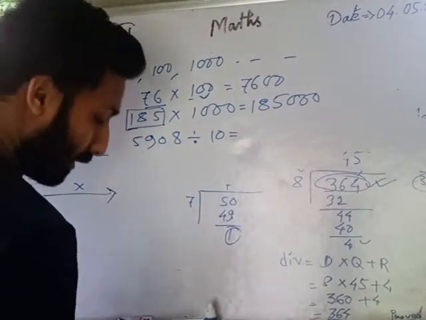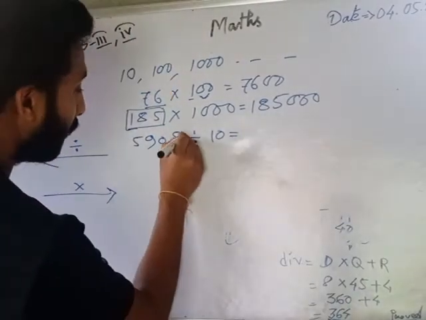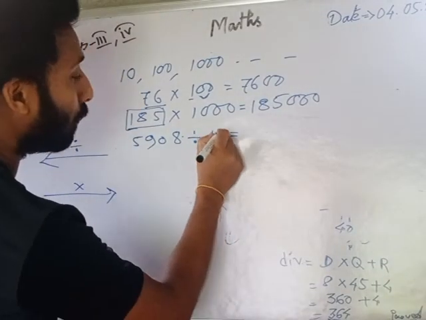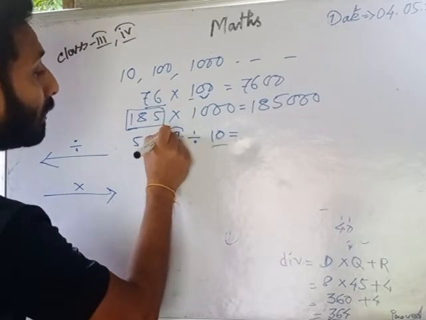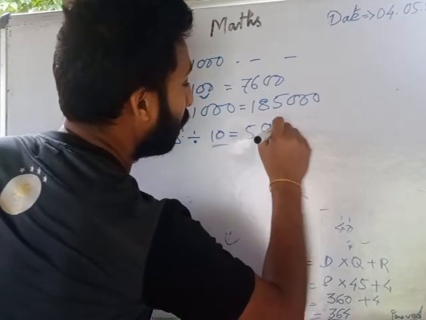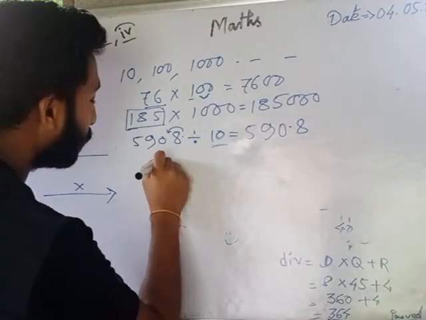If there is no point, that means the point is at the last place here. If we divide by 10, that means 1 0, the point goes back just one digit. So we write here the point is in here.